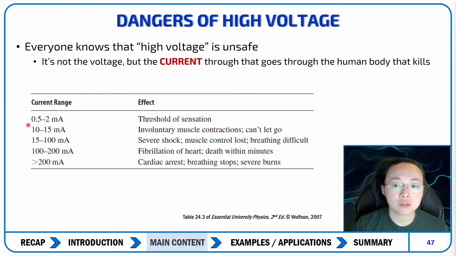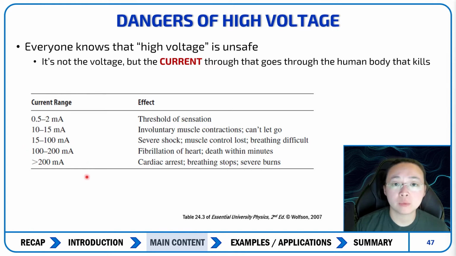If you have 0.5 to 2 milliamps of current, then the effect is really just the threshold of sensation. Within this range, you'll feel a slight shock, but it won't really do any damage. If you go up to 10 to 15 milliamps, you have involuntary muscle contractions, in which case, if you get shocked, you'll be frozen in place and partially paralyzed. You won't be able to let go because your muscles have involuntarily contracted.